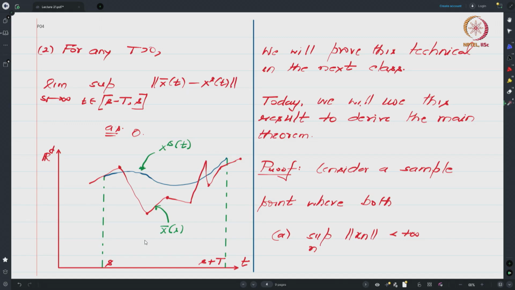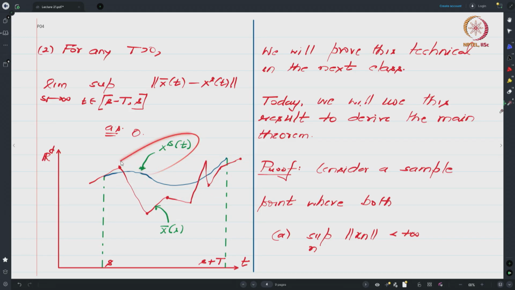And what we are going to do is, wherever your linear interpolation lies at time s, at that point you will start a solution of your limiting ODE, and this is denoted by this blue trajectory over here. Is this okay?